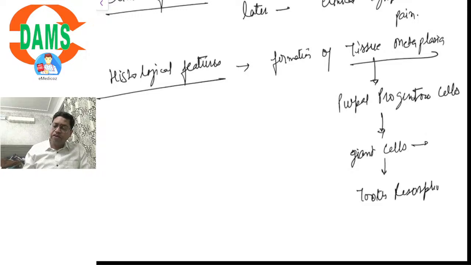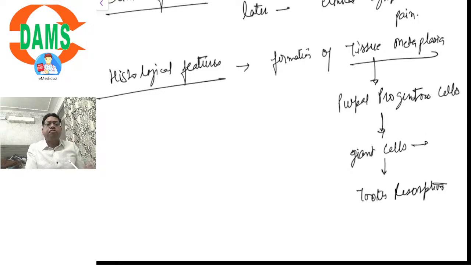Now, because of trauma, there is damage to the predentine layer. Now you can see there is a slight difference in the origin. From where do these odontoclastic or multinucleated giant cells come from? They come from the tissue metaplasia. You know that dental pulp consists of certain progenitor stem cells also.